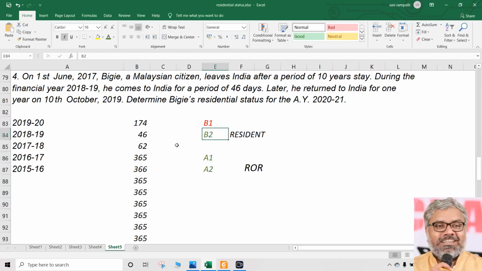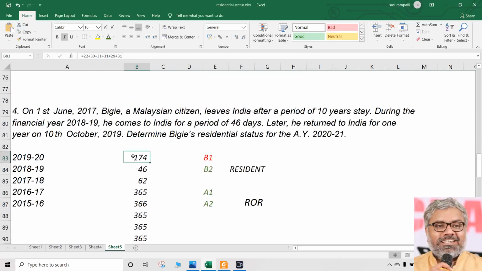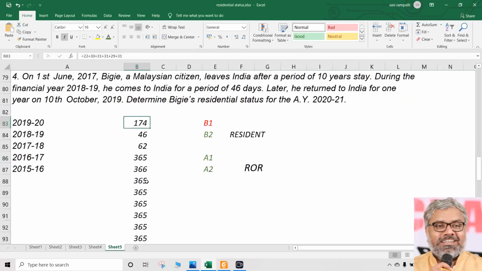And also it is evident that he stayed for more than 365 days during the 4 years immediately preceding the previous year, and during the previous year anyway he stayed for more than 60 days. So when all the things are very clear, you don't need to show everything. At least for 3-4 years if you do the calculations, the remaining things you can leave as they are. And finally conclude the correct answer with logic, with the reason you are giving to call this person a resident and ordinarily resident.